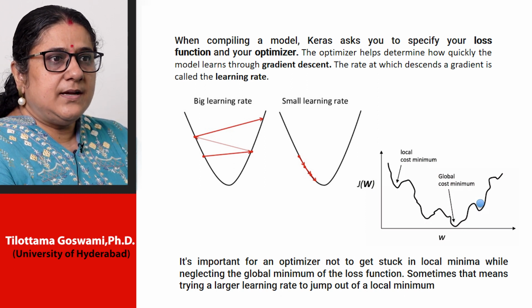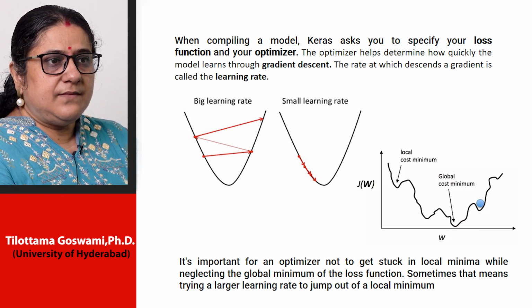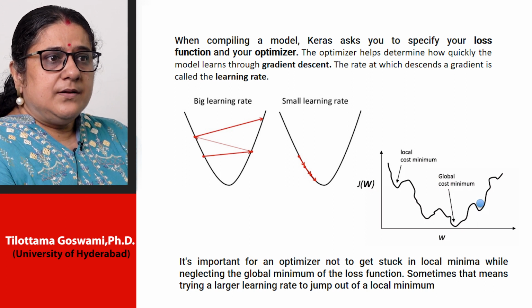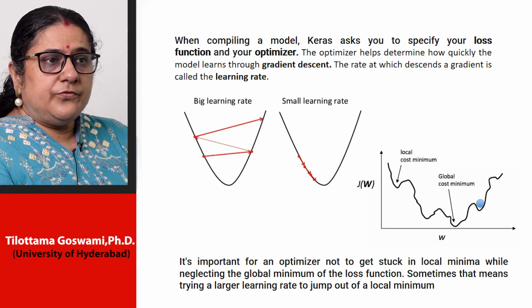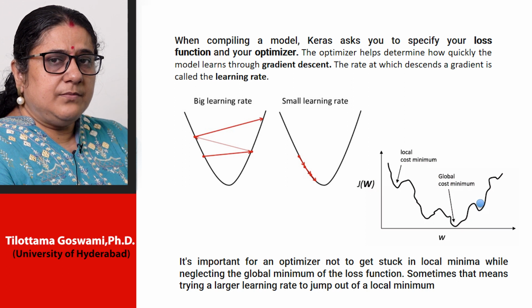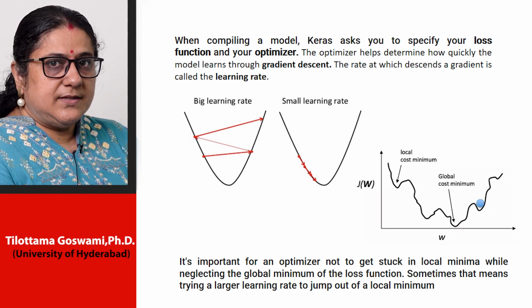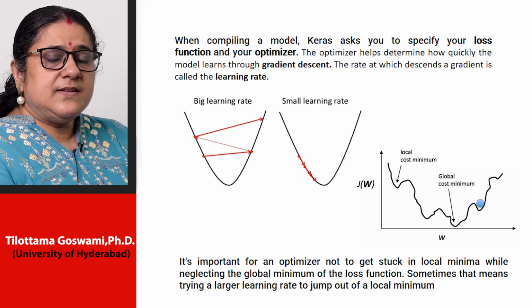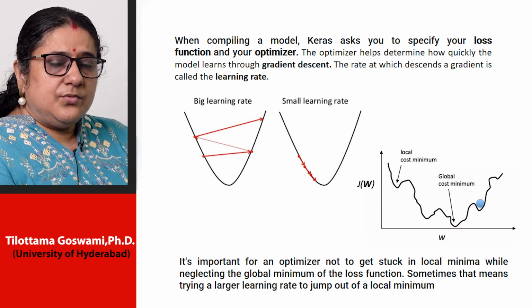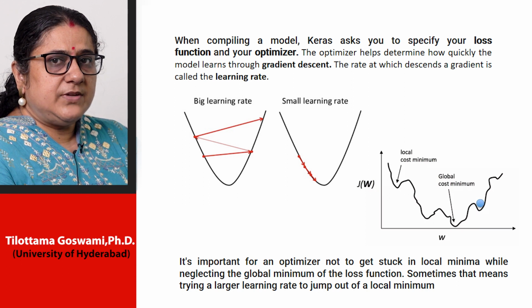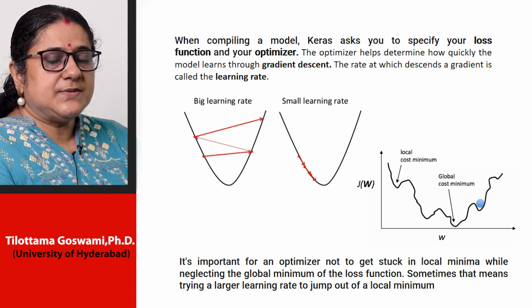With a big learning rate, in the leftmost diagram, moving from left to right is a big jump, a big step. But when it is a small learning rate, we go step by step, with smaller steps taken to reach the minima.